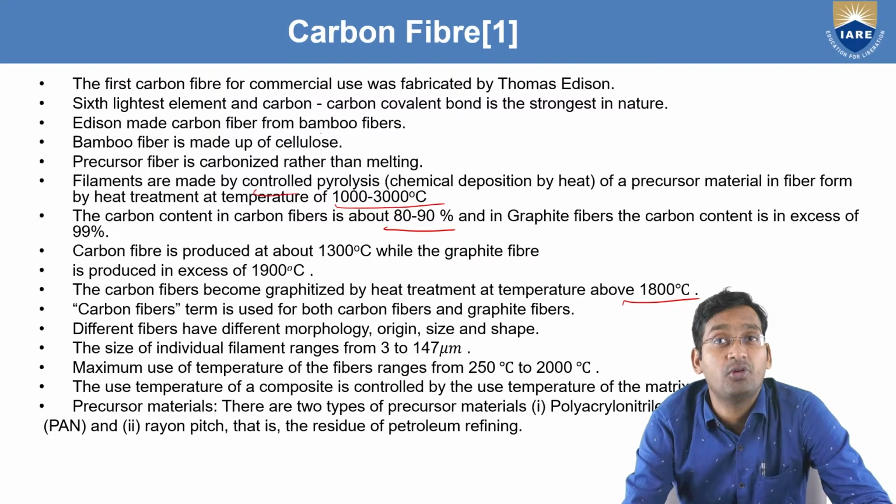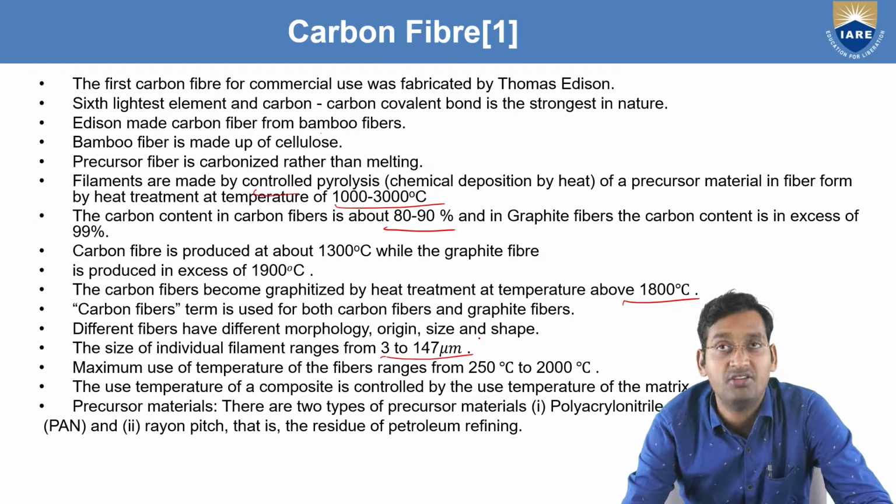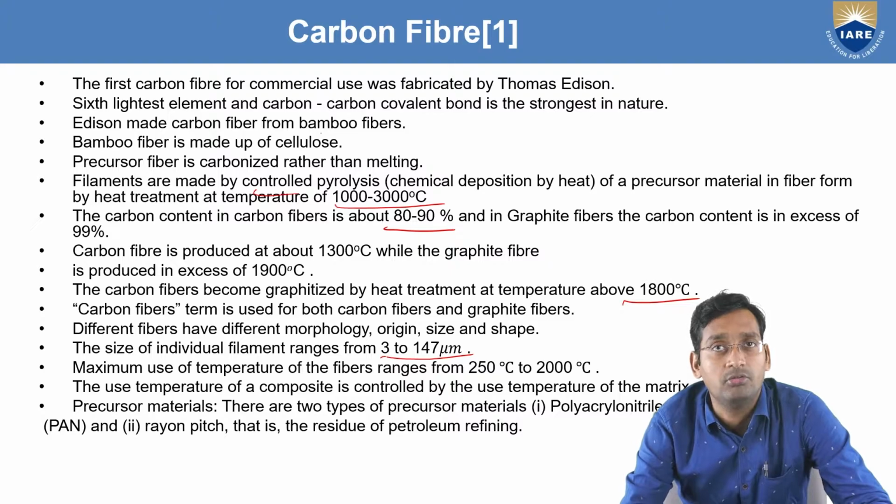Different fibers have different morphology, origin, size, and shape. So depending upon the fiber, their morphology will be different. The size of an individual filament ranges from 3 to 147 micrometer. Either it will be 3 micrometer, or up to 147 micrometer, or in between in size.